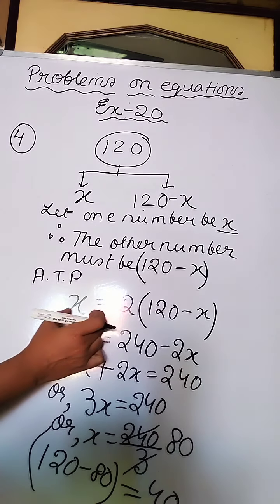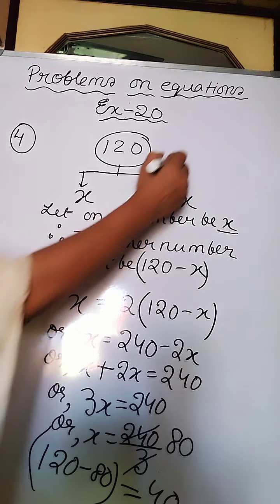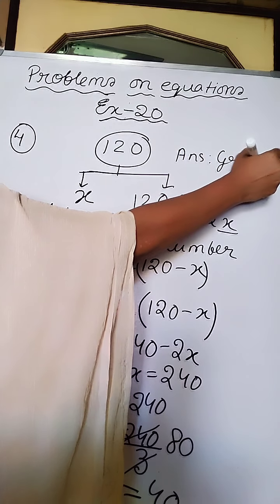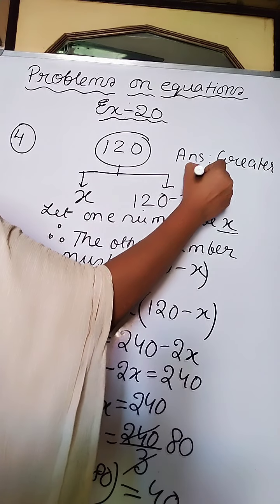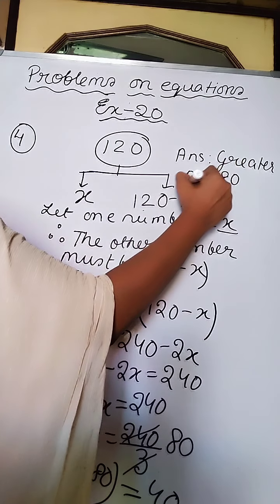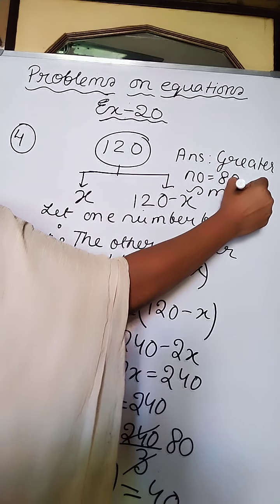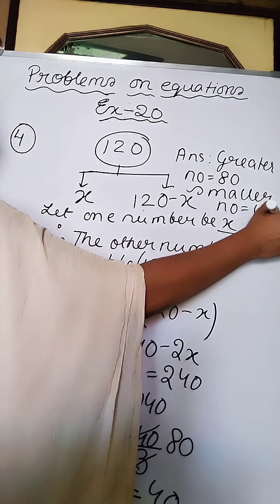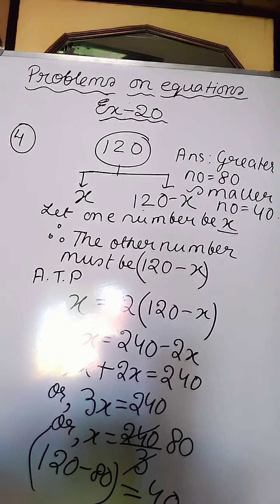This is 40 and this is 80. So the answer of the sum will be: greater number is equal to 80 and smaller number is equal to 40. This is how we will solve sum number 4.